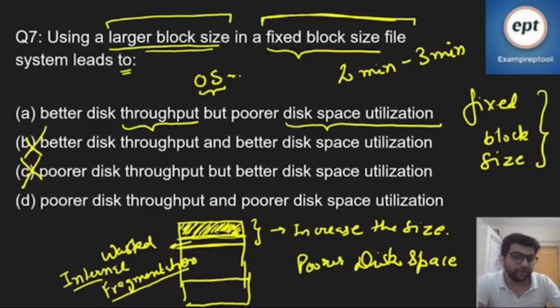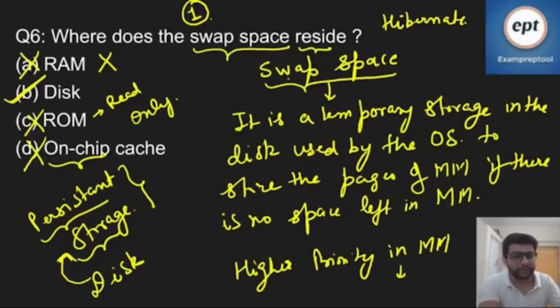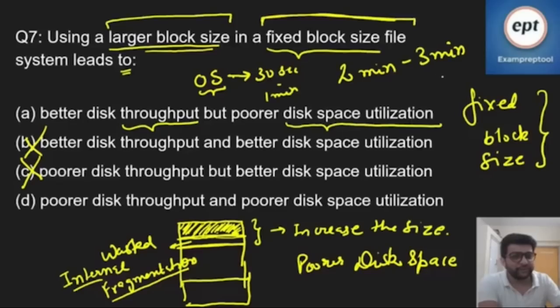We can try to solve these problems in around 30 seconds or 1 minute, right? If you already knew what swap space was, how much time would it take to solve this problem? Hardly 30 seconds, right? We have to save time on these types of questions so we can give more time to harder problems.